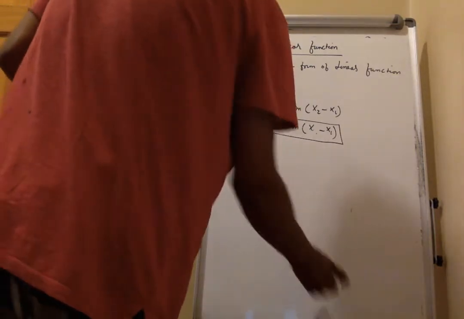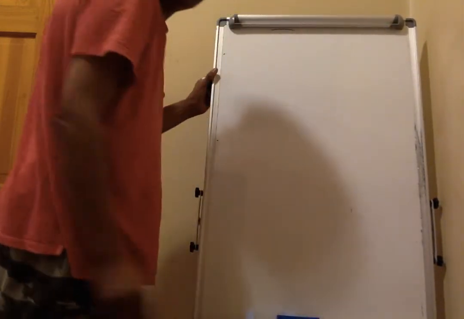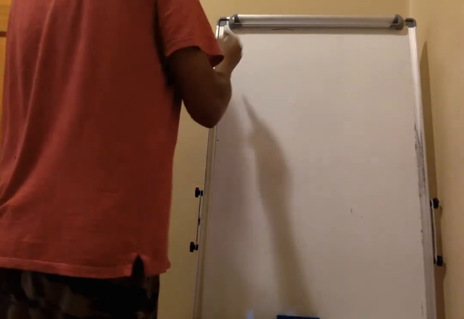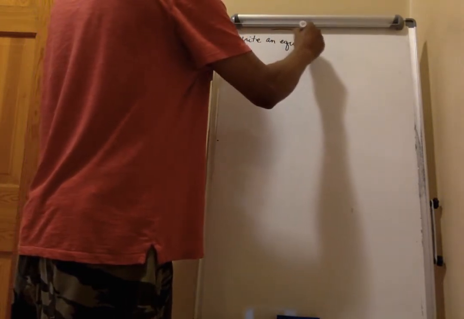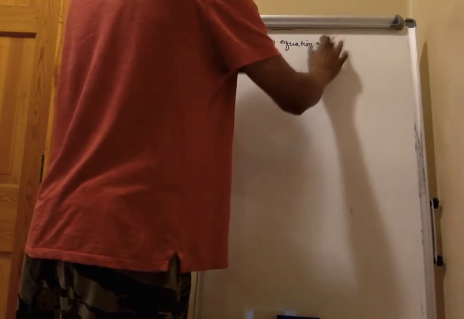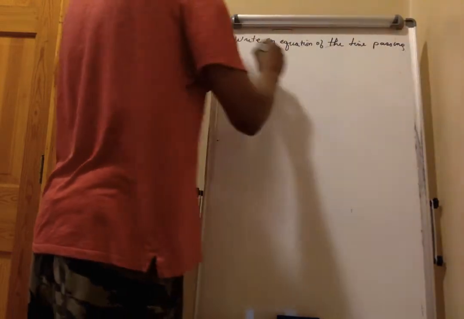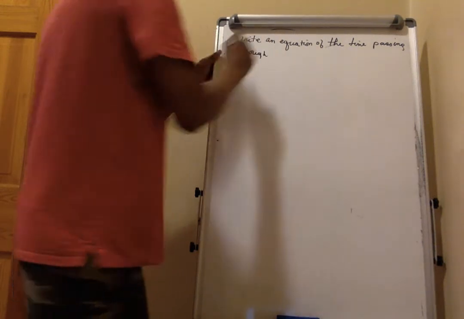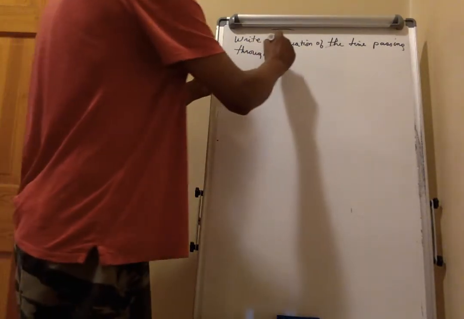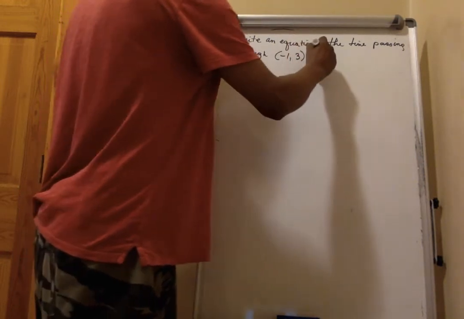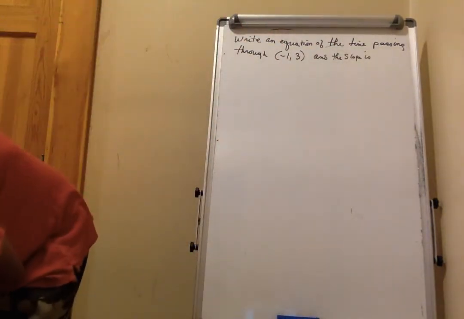Okay. So let me write it again. Write an equation of a line passing through -1 and 3, and the slope is 4.